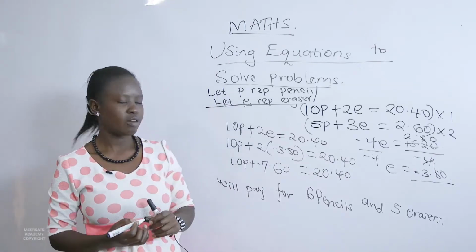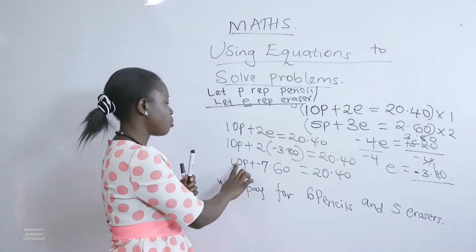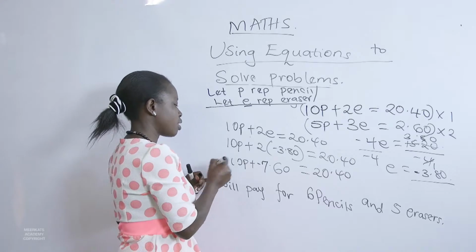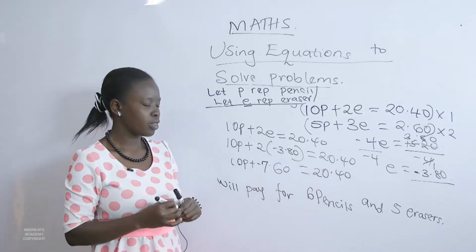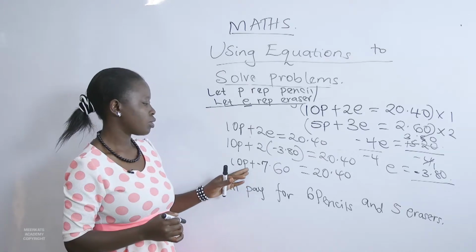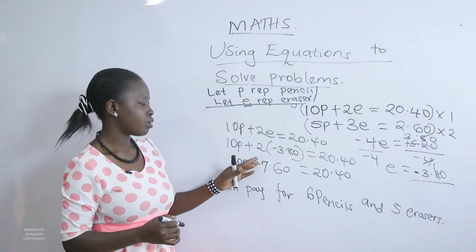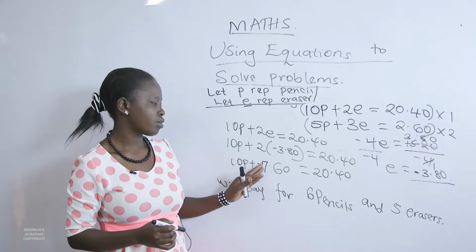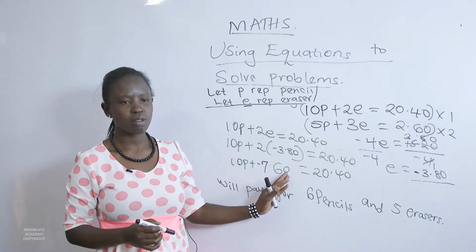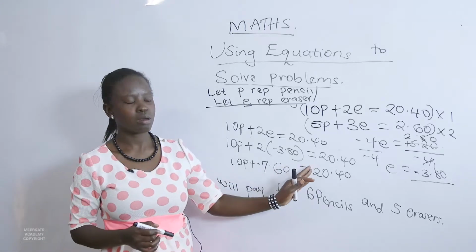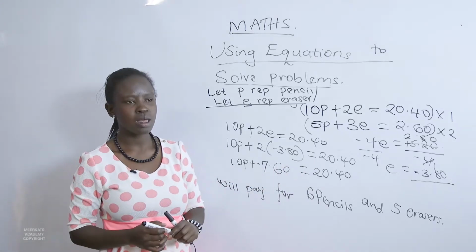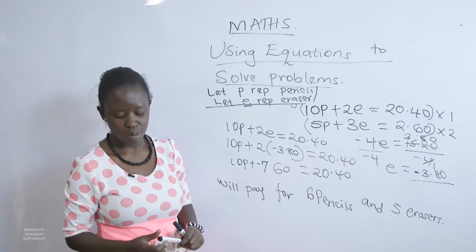To remain with 10p on the left hand side, we simply take the 7.60 to the right hand side. Being a negative, when it crosses the equal sign, it becomes a positive.